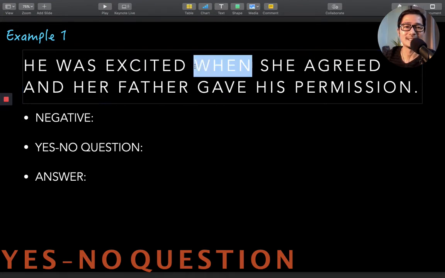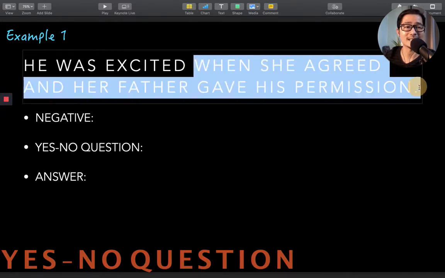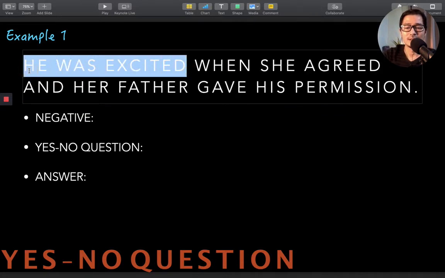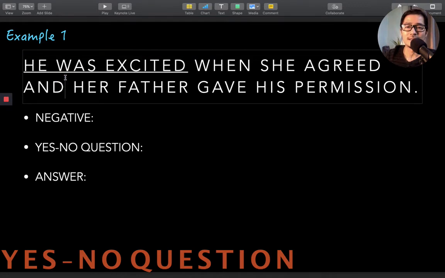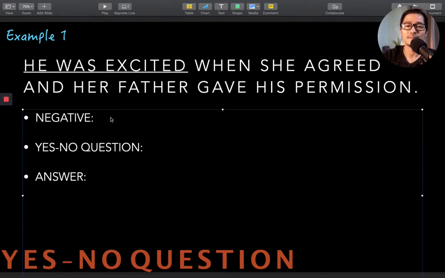Definitely this is not your main clause because it begins with a when. Remember, we talked about that in the class. So this is your when clause. It talks about time, right? Now this part is your, let's underline that, this part is your main clause. So this is what we're going to manipulate.